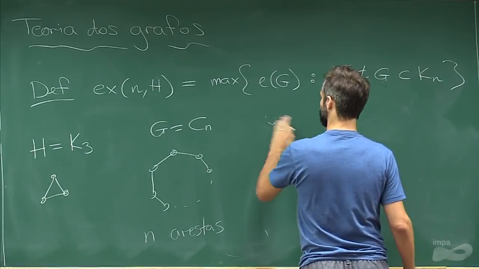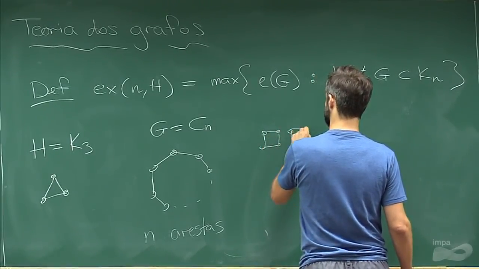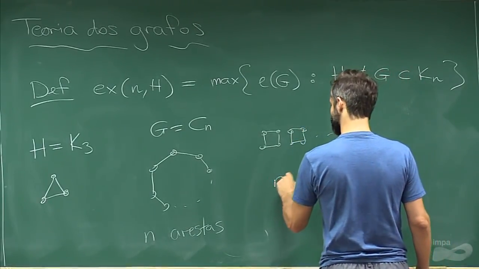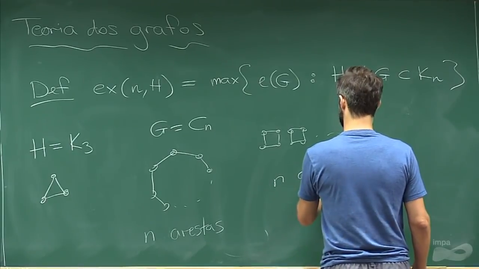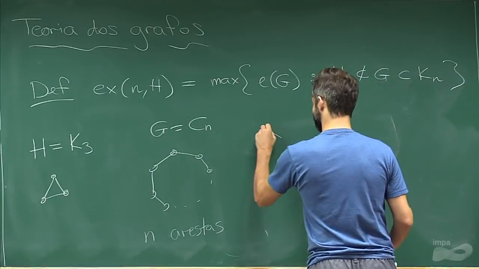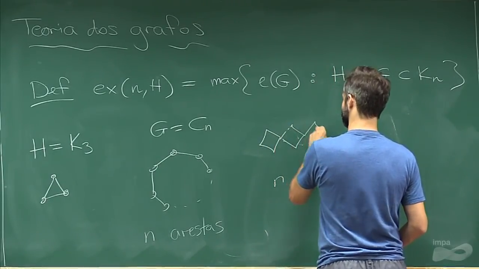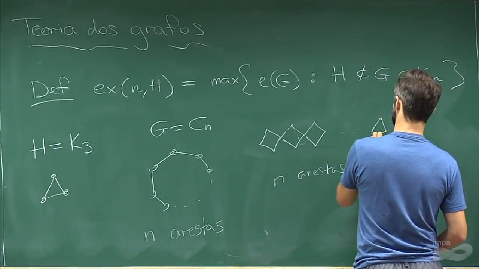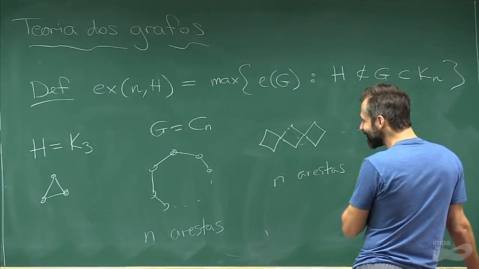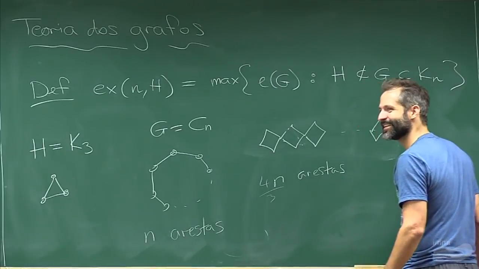So we could take this one, which also has n edges. Ah, like this. This now has about 4n over 3 edges or something? Something like that.